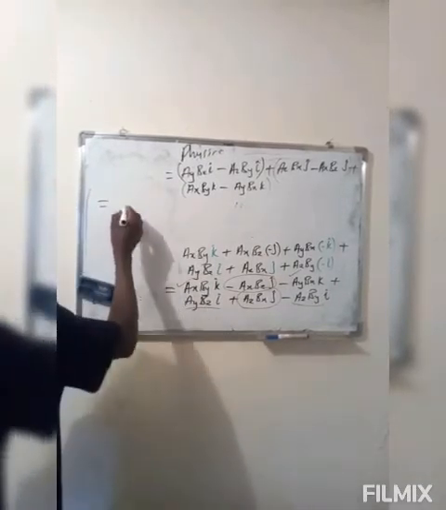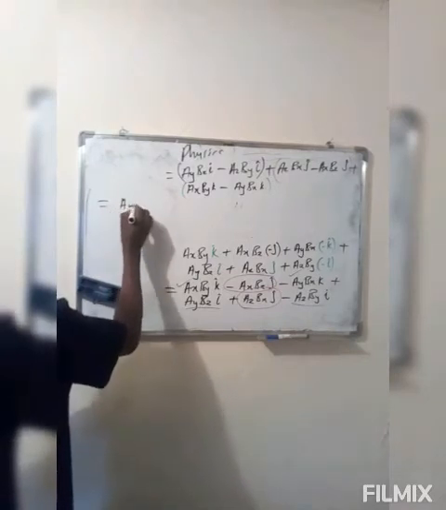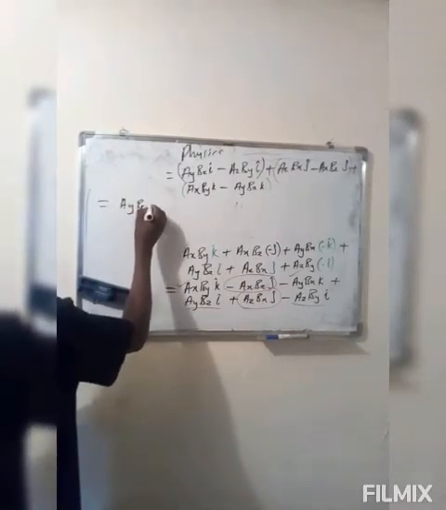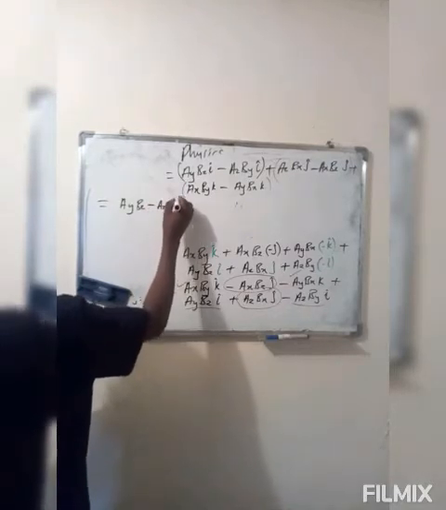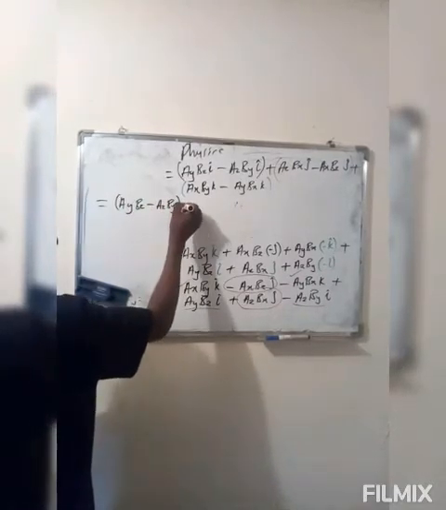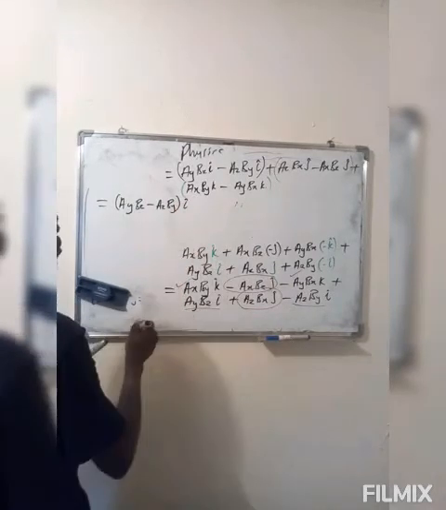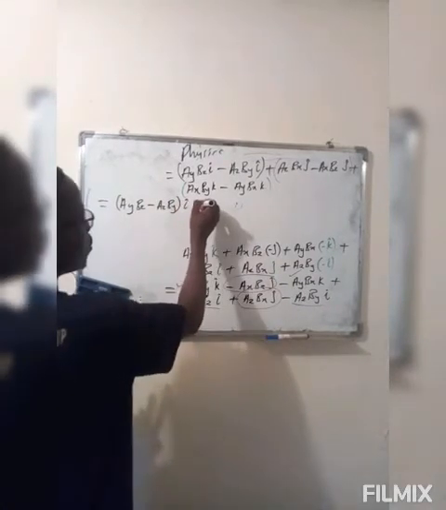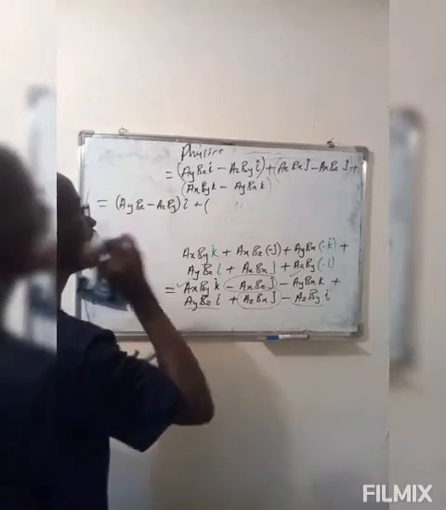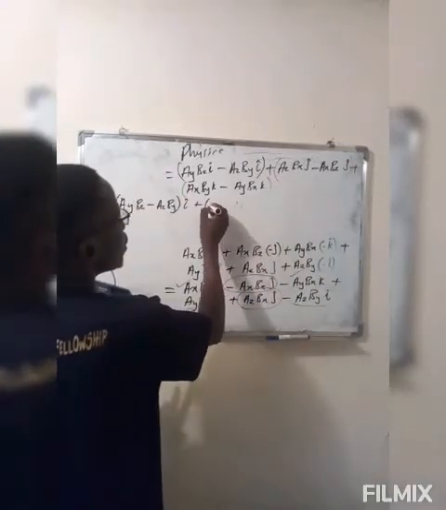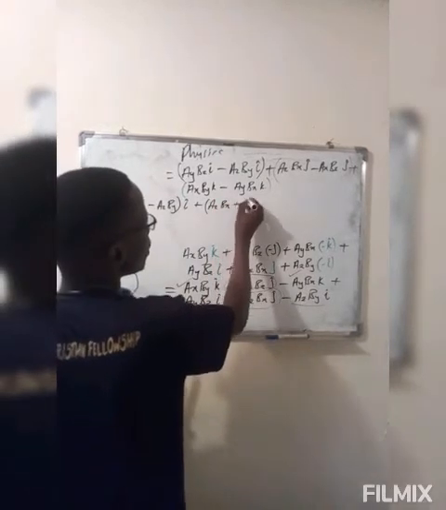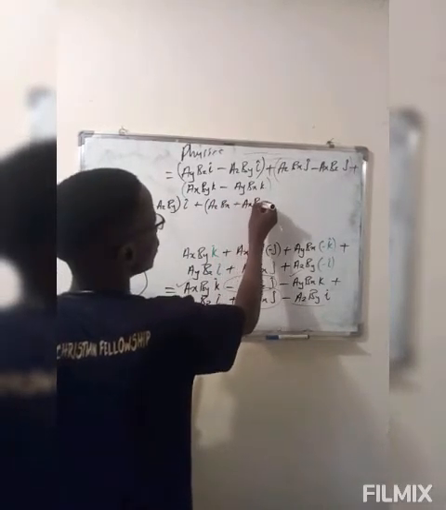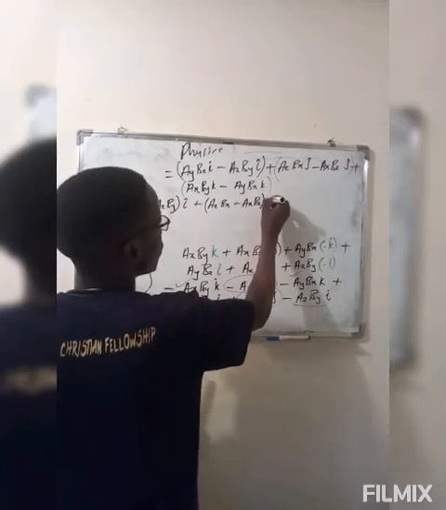Okay. So this is now going to give us AY BZ minus AZ BY I, okay, plus, what? Here we have AZ BX minus AX BZ J. Okay.